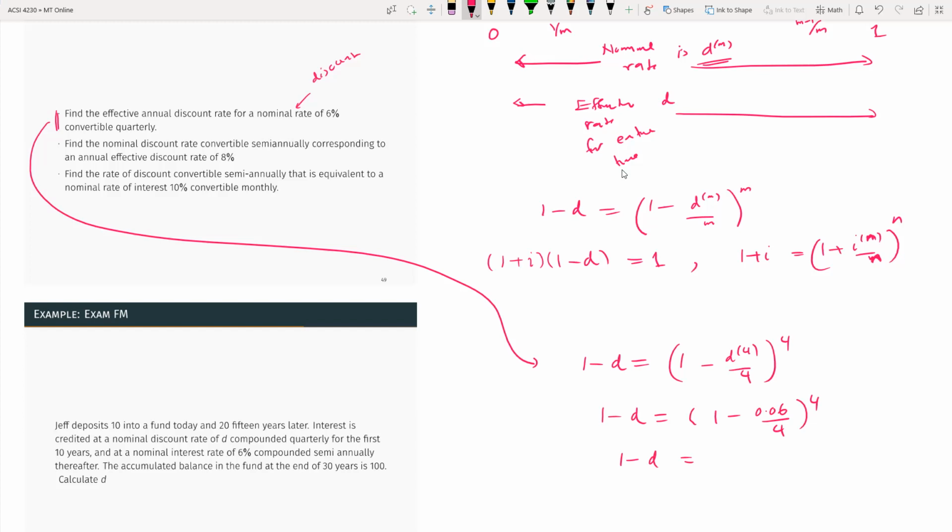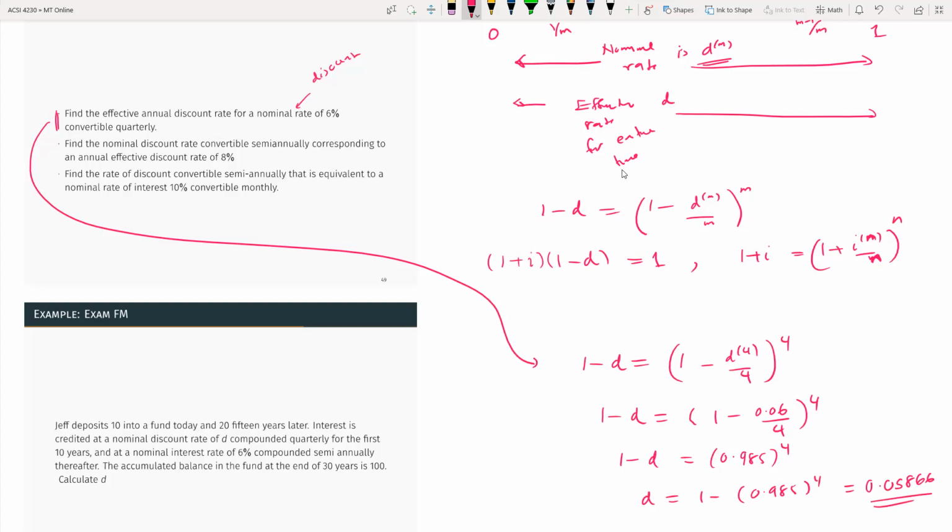Let's simplify this. This is 0.985 to the 4. Then you can write D is 1 minus that, and you get 0.0586.